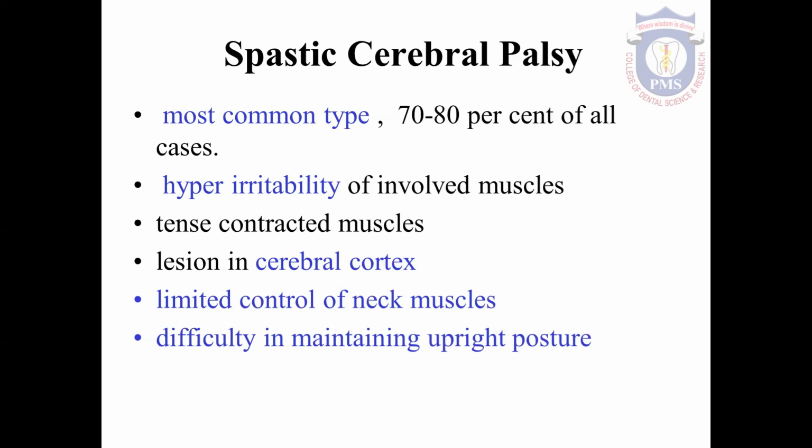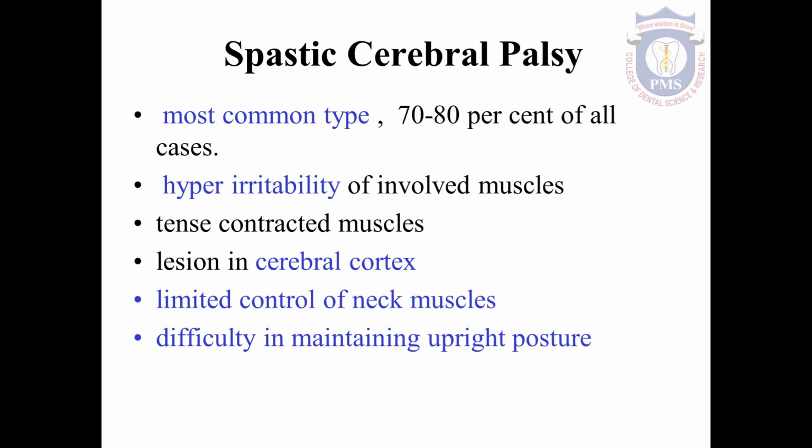But children with the spastic type of cerebral palsy cannot keep their neck upright. That is a clear indicator that the child has some neuromuscular problem. If the child cannot keep the neck unsupported, then the child is having some problem.